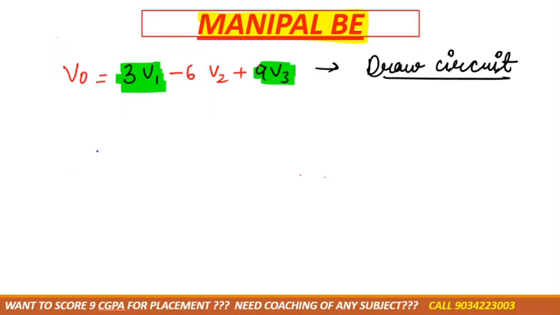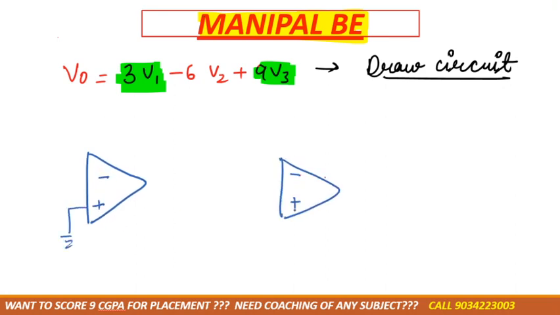So draw two op-amps first, negative and positive, with positive grounded, again negative and positive with positive grounded. These two have the same sign, so we can combine them. So here it would be V1 and V3, because this sign is positive and this sign is positive.